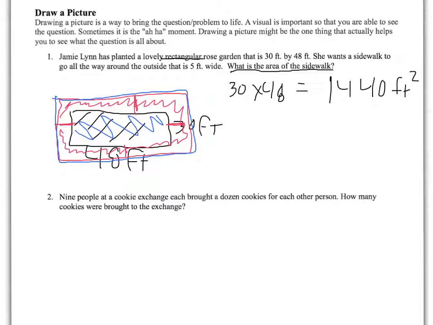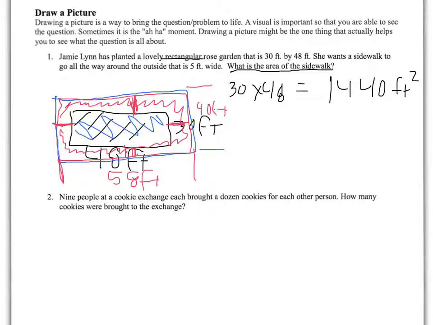So if we want to know the dimensions of this bigger rectangle, the real question is, what is this length right here? Well, we know the interior rectangle is 48, and then we have 5 feet on this side, 5 feet on this side, so that total is 58 feet. Similarly, if we know this interior's height is 30 feet, and this is 5 right here, and this is 5 right here, it's going to be 10 more than 30, so that's 40 feet.